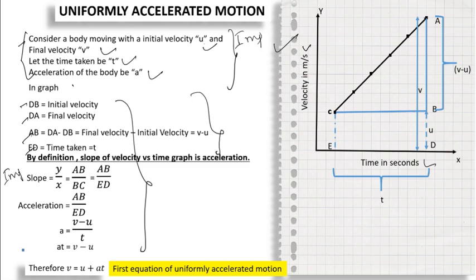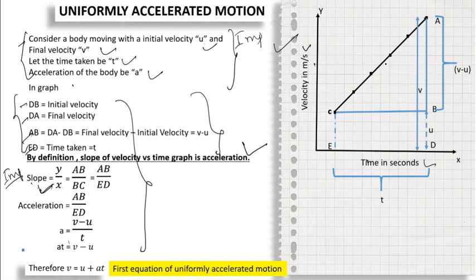How will you arrive at the proof? Without this step you cannot. By definition, we should understand the slope of the velocity time graph is acceleration. So y by x, first you should fix that in mind. To prove this equation, you should start with this equation, and you have to mention all these sides of this graph.